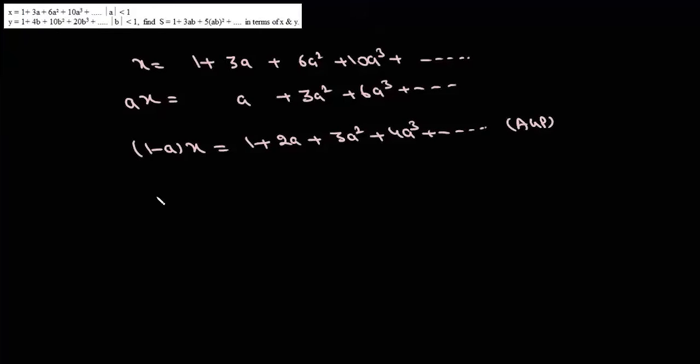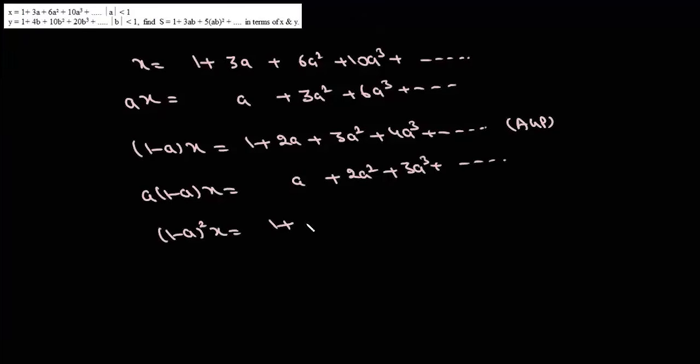Now we'll write the series again, multiplying it with a and displacing by one term. So we'll get a into 1 minus a times x, and here will be a, and this is 2a square plus 3a cube up to infinite. Now we subtract second from first, we'll get 1 minus a square into x, and here will be 1 plus a plus a square plus a cube up to infinite, which is an infinite GP, which is a upon 1 minus r.